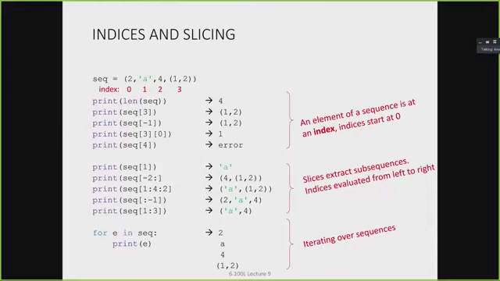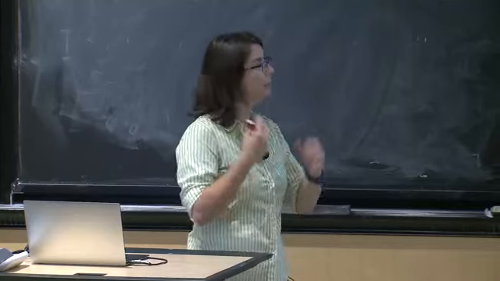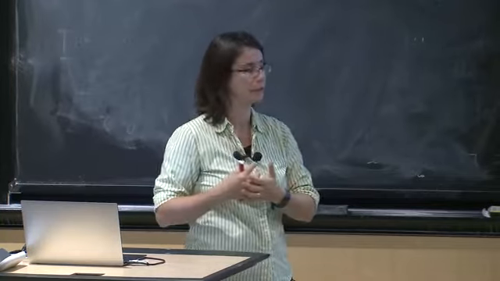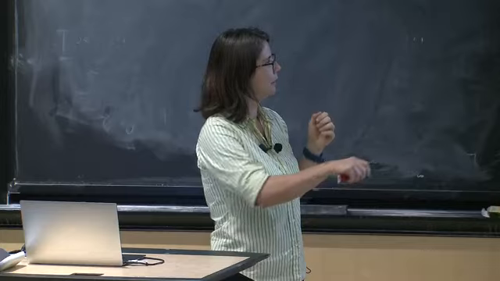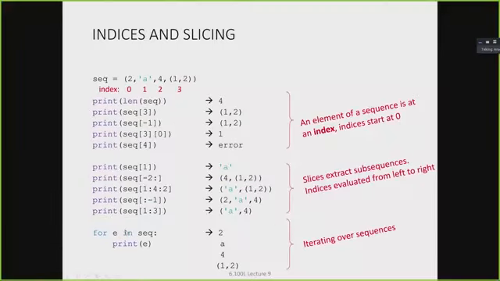One thing that I do want to mention is that we can iterate over a tuple just like we could iterate over a string. I don't mean over indices, but I mean over the elements directly. So when we iterated over a string directly, we were able to grab in our loop variable the characters at each index, right? Similarly, we can iterate over a tuple to grab the elements at each index directly.